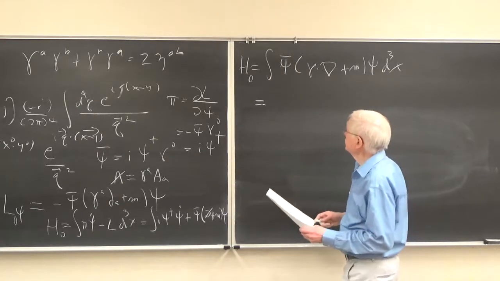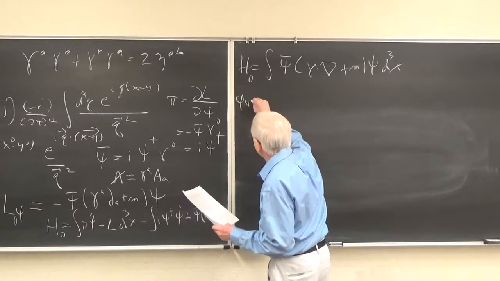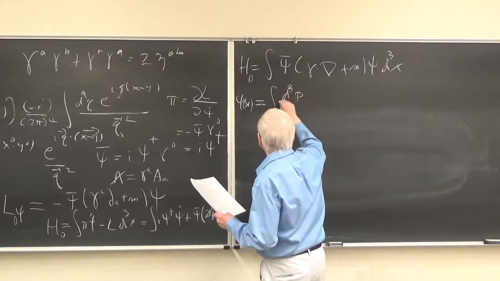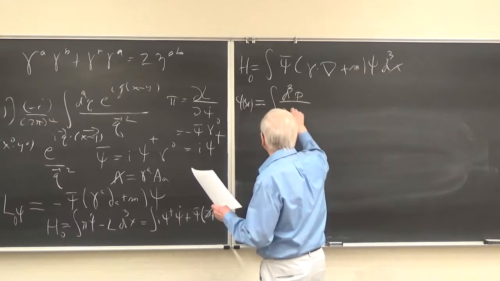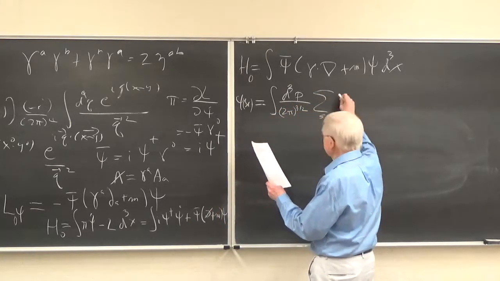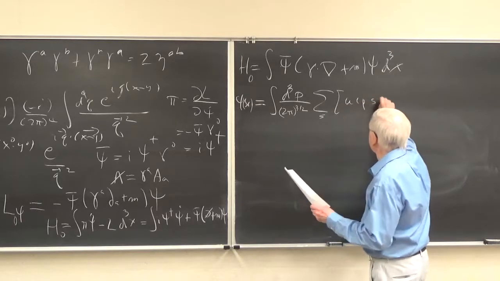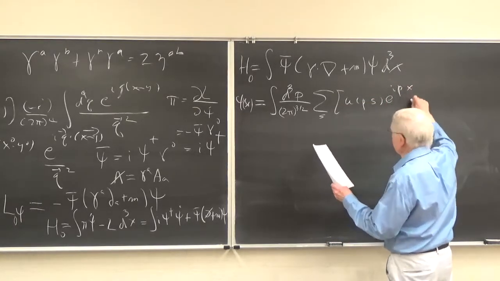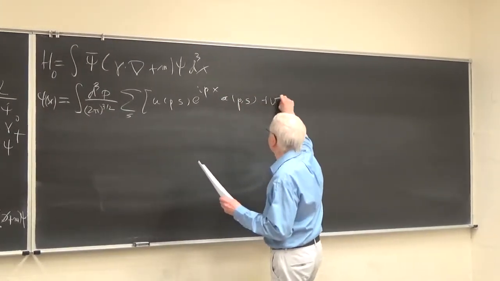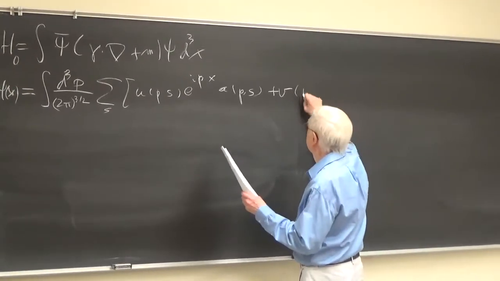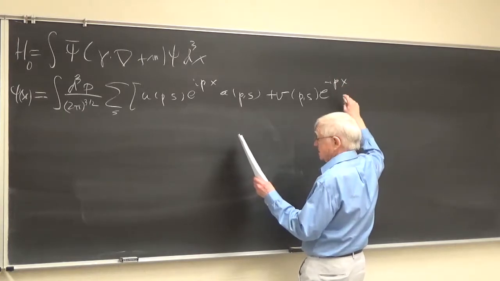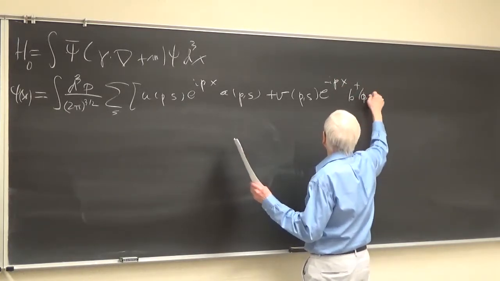And if we write psi of x, well, as we've been writing it a few weeks ago, 2 pi to the 3 halves, sum over spins, u of p and s, e to the i px, a of p and s, plus v of p and s, e to the minus i px, b dagger of p and s.